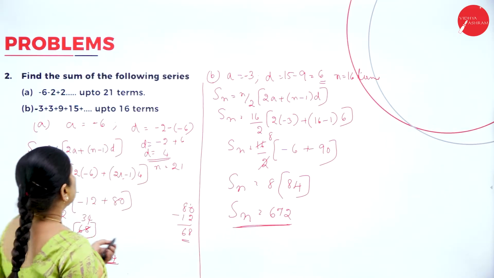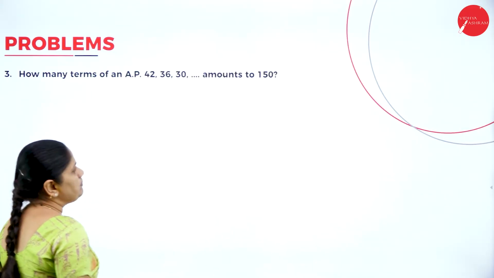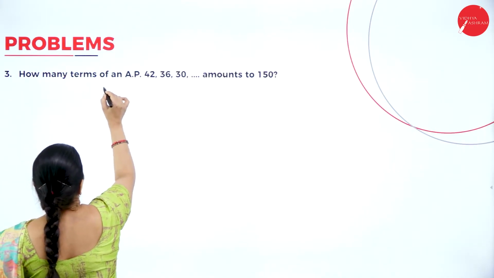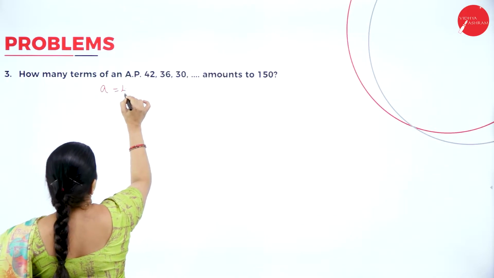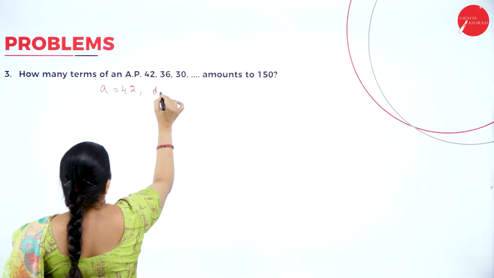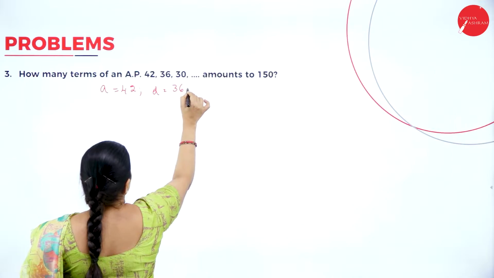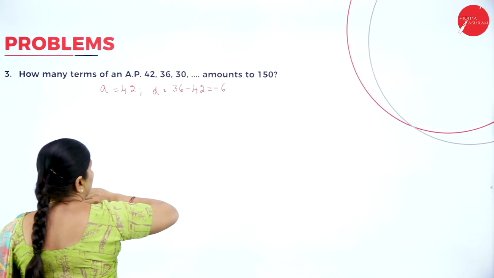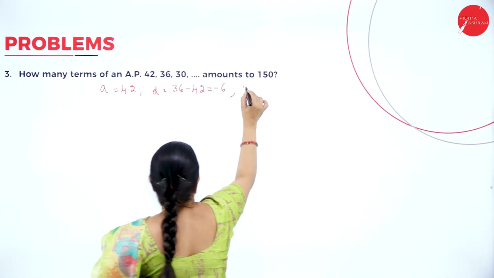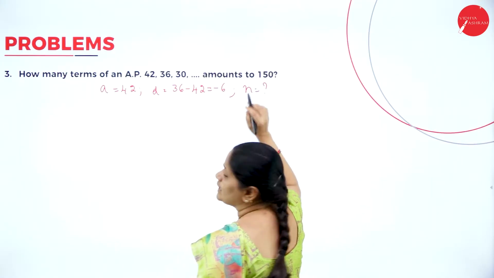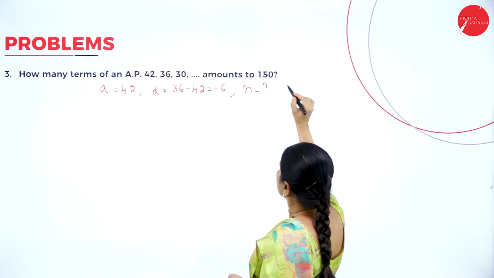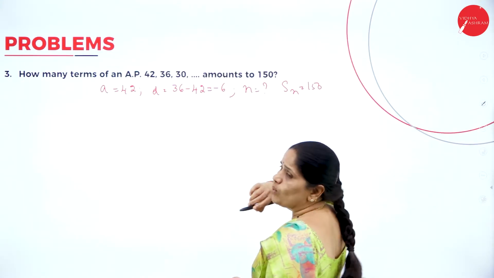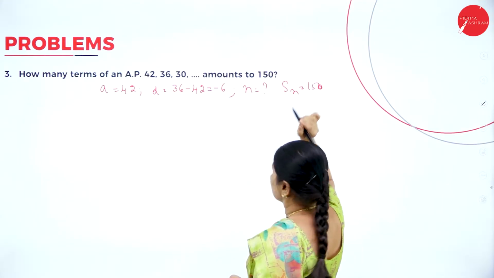The next problem: how many terms of an AP amount to 150? Now what is given here? A equals 42, D equals 36 minus 42 equals minus 6, and n we don't know, how many terms we don't know, but they have given the sum of the terms, so it is 150.